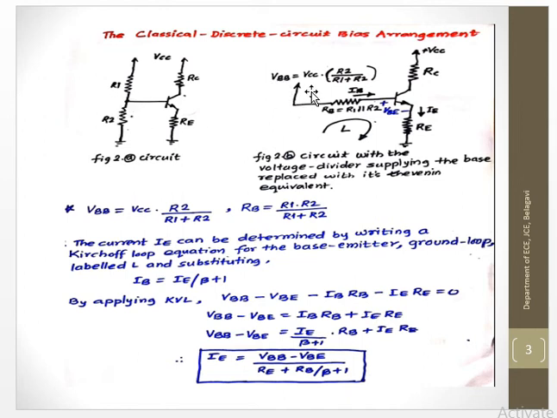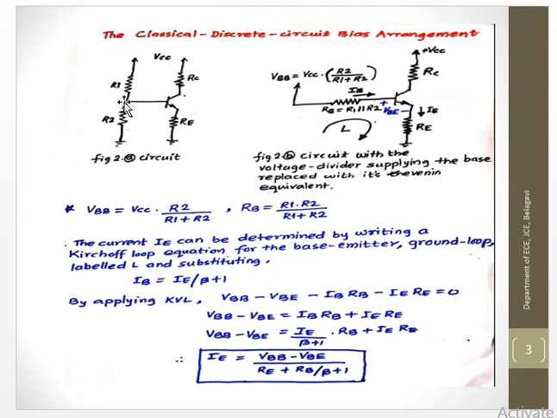And then current flows through RB. This RB is nothing but R1 parallel R2. On the input side, when you connect the source to ground, R1 becomes in parallel with R2, so the effective resistance is R1 parallel R2.